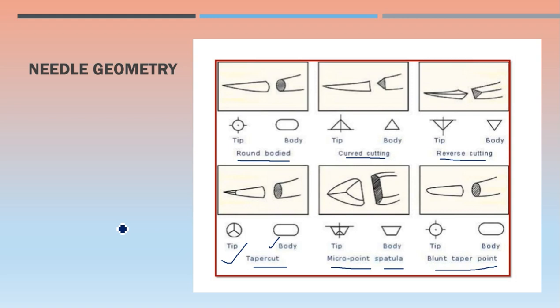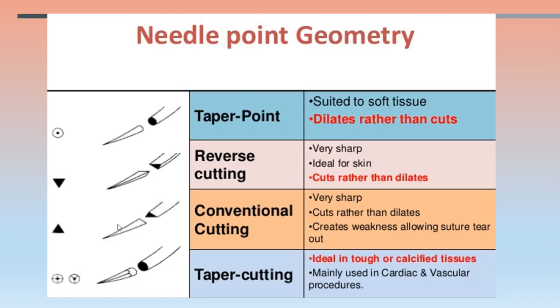How is this information important to us, how can we use it? By knowing this, for example, taper point needles are basically used for soft tissue, and what these taper point needles do is they usually dilate the tissue rather than cutting it, right?